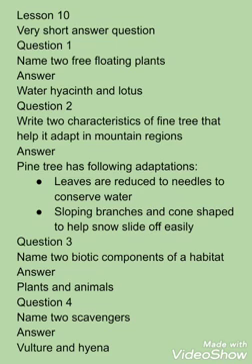Sloping branches and cone shaped to help snow slide off easily. So what does it mean? Firstly, the leaves are reduced to needles to conserve water. Whenever we have to write about the adaptations in any plant, just like cactus plant, the main thing is to store water, the main thing is to conserve water.